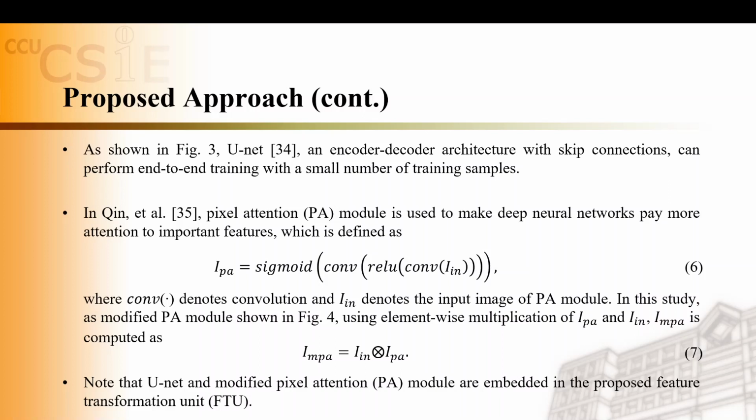As shown in Figure 4, element-wise modification of IPA and IN is performed. Note that UNet and the modified PA module are employed in the proposed feature transformation unit, FTU.